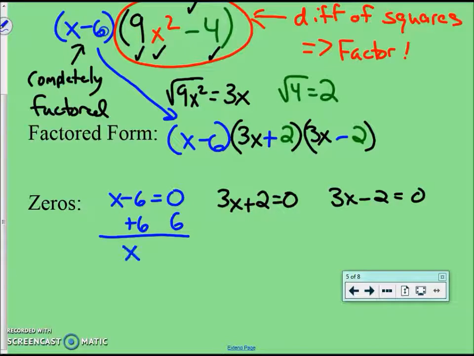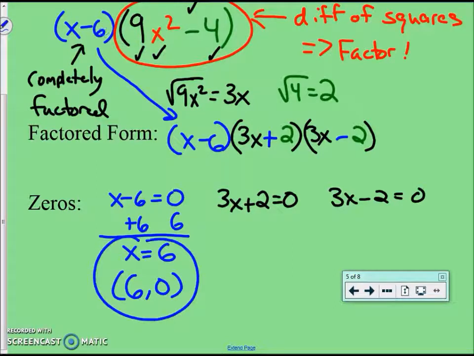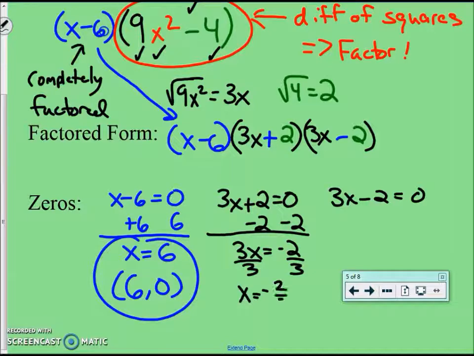And I'm going to get x is equal to 6, and my x-intercept then is (6, 0). For 3x plus 2, I'm going to subtract 2 from both sides. That gives me 3x is equal to negative 2. Divide both sides by 3. And I get x is equal to negative 2/3. And the corresponding x-intercept would be (-2/3, 0).